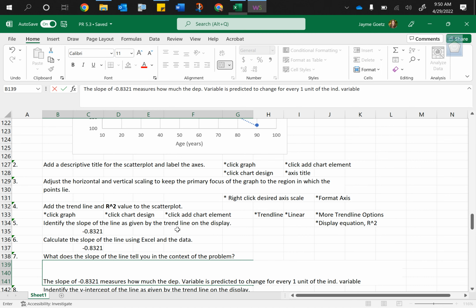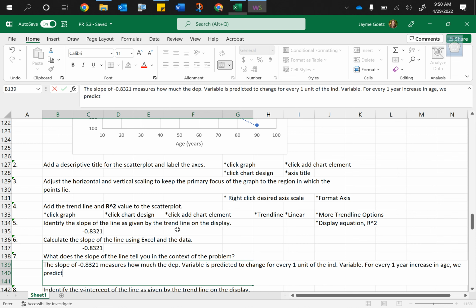Now let's make that a little more specific. For this problem, it means for every 1 year increase in age, we predict the heart rate will decrease by 0.8321 beats per minute.